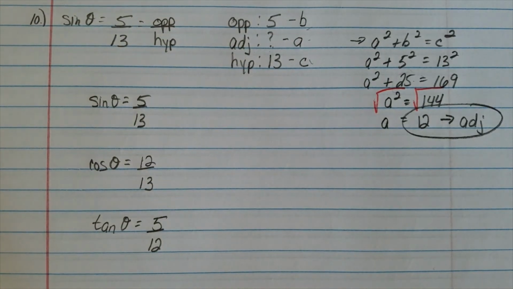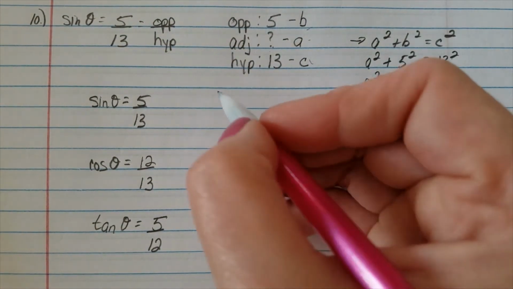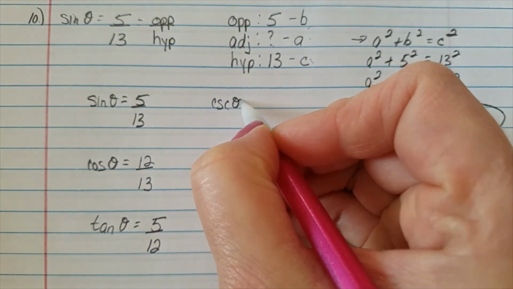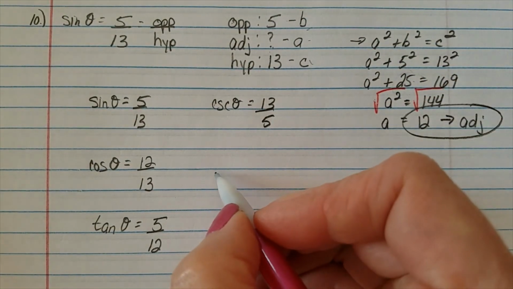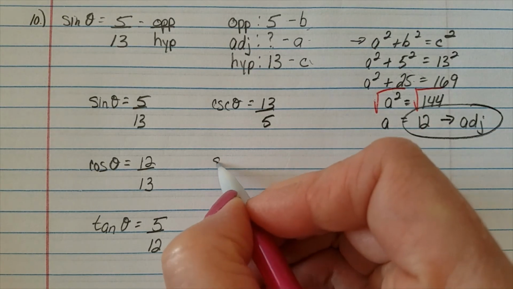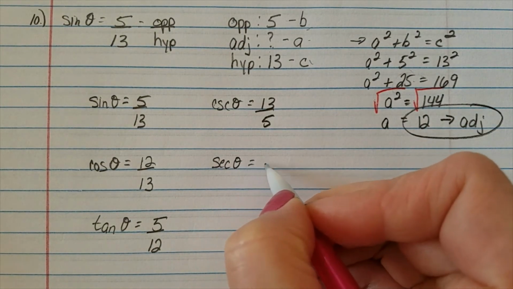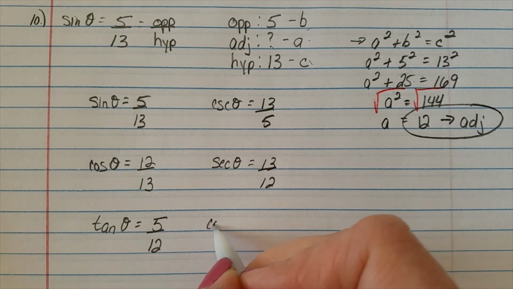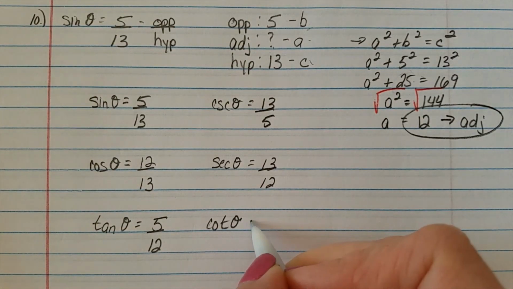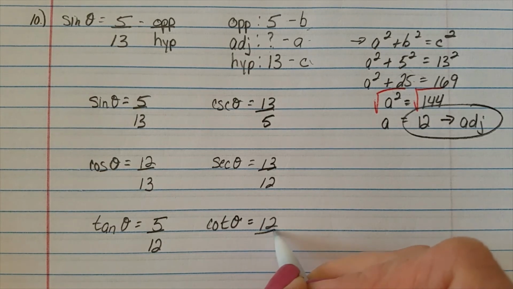And now let's tackle those reciprocal ratios. We have cosecant of theta, flip your fraction, 13/5. Reciprocal of cosine is secant, so secant of theta is 13/12. And then cotangent of theta is going to be 12/5.